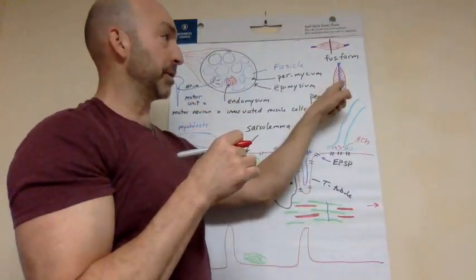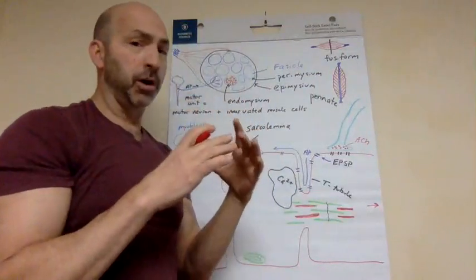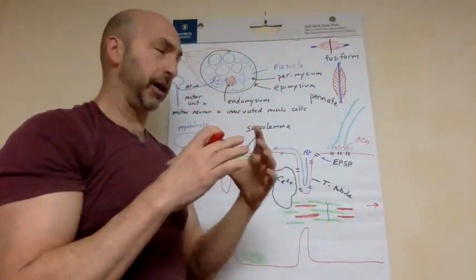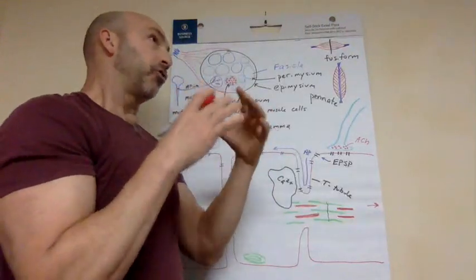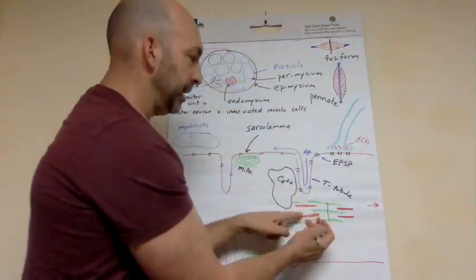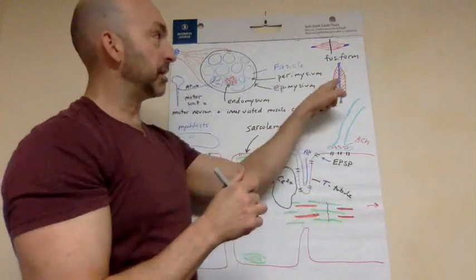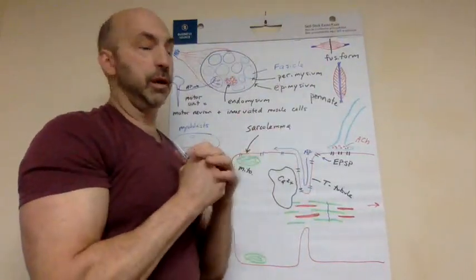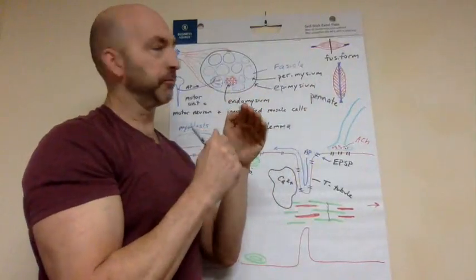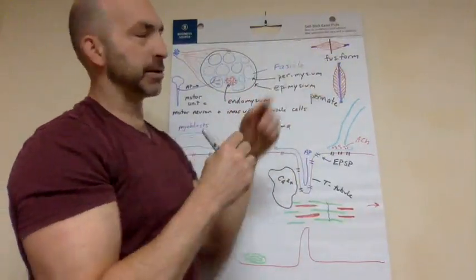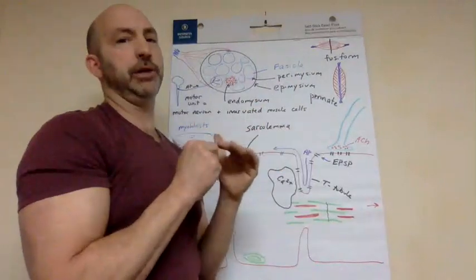Because this one has more cells, it has more of what's called physiological cross-sectional area, more cross-sectional area containing these thick and thin filaments, and so these muscles can generate more force. So more pennate muscles, more force, shorter range of motion. Fusiform muscles, less force, but longer ranges of motion, right?